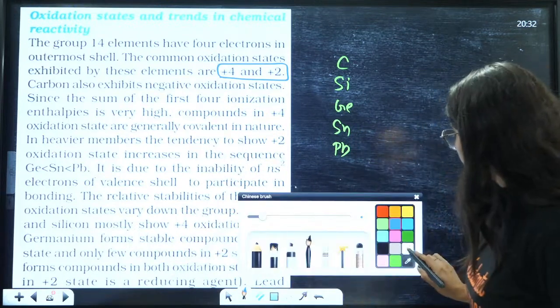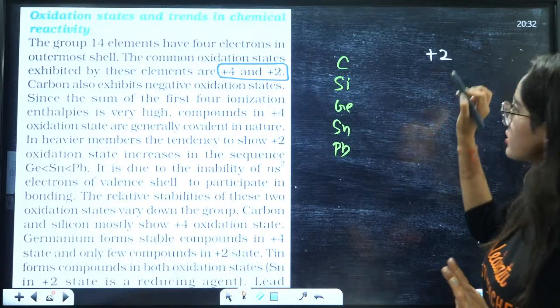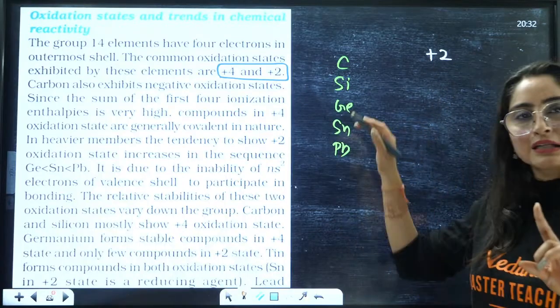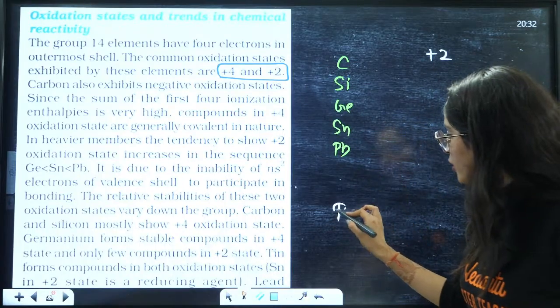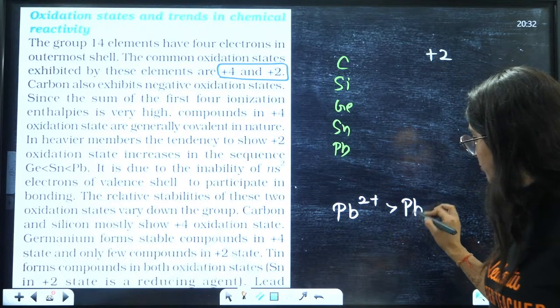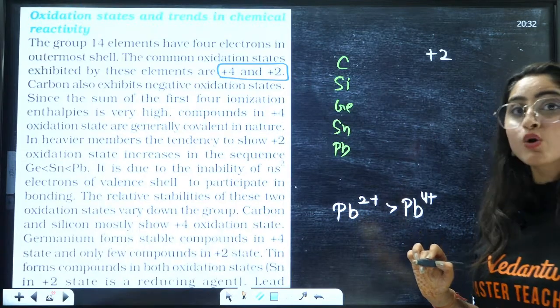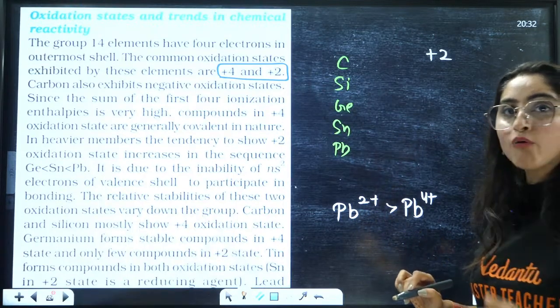So when you talk about this, lower oxidation state, that means +2 oxidation state, is more stable down the group. So if you talk about Pb, that is more stable in Pb2+ as compared to 4+, because lower oxidation state is more stable down the group.